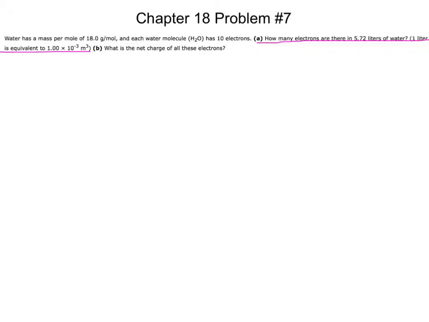So you would use N equals 10 n times NA. Uppercase N represents the number of electrons.